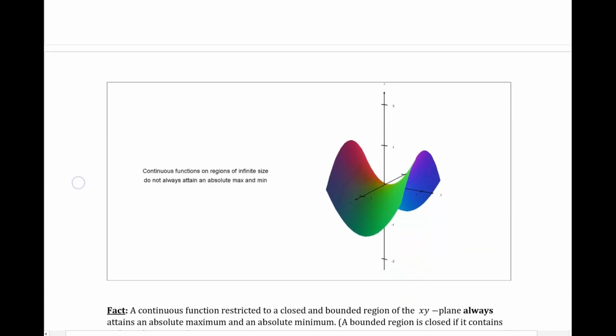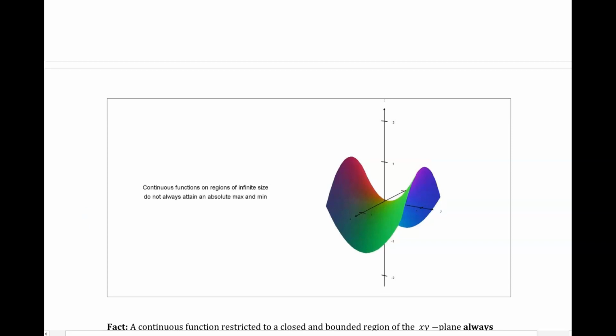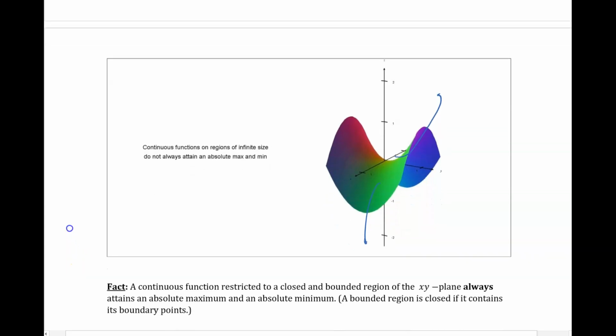Now, a couple of things to note here. We might not have a max or a min. If you have a function on a region of infinite size, say the whole xy plane, then you could have a function like this one which goes up forever and also goes down forever. You may not attain an absolute max and an absolute min.